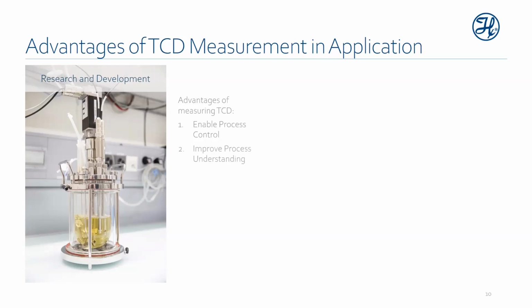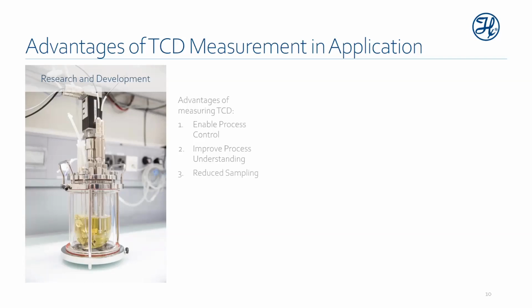At the R&D scale, it's important to understand your process through and through. And so our Hamilton inline TCD sensor provides a high precision fingerprint that gives you a complete picture of the entire run itself. And so from that, you can improve your process understanding. And as well, you don't need as many samples in order to know where you're at.